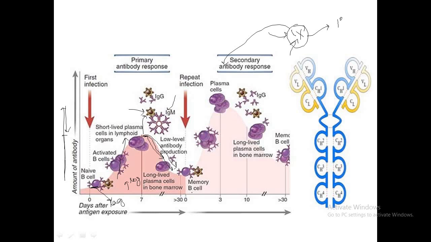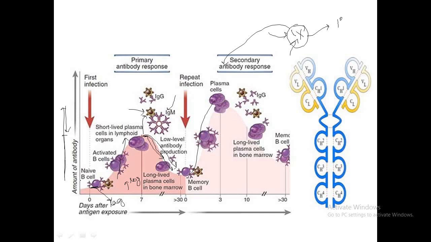Okay, so in this case you will find that there will be a very short lag phase compared to the primary response. But once this short lag phase is over, the log phase is very large compared to your primary immune response. That indicates that the amount of antibody produced in the secondary immune response is very high.